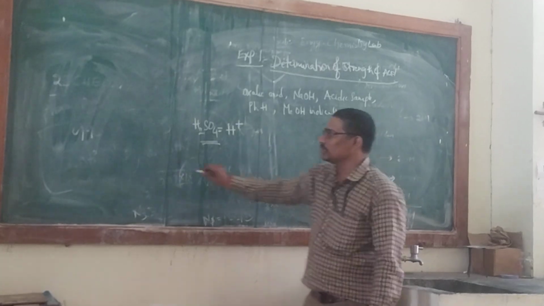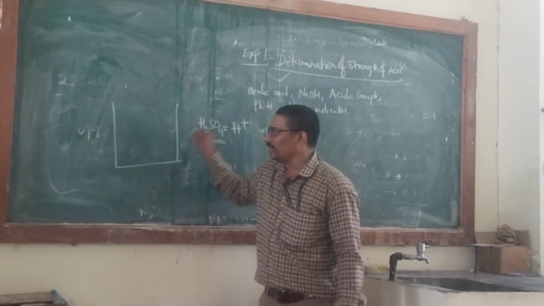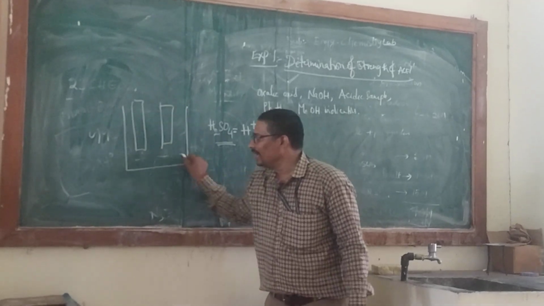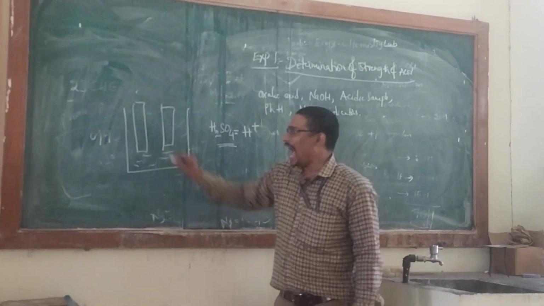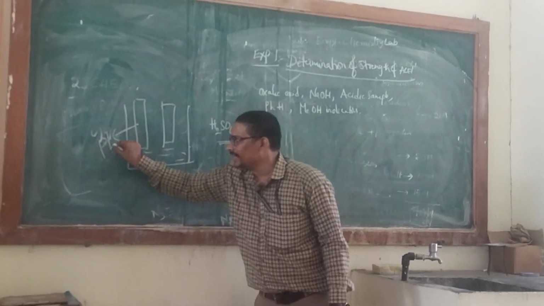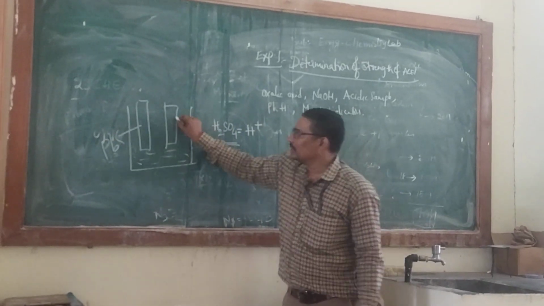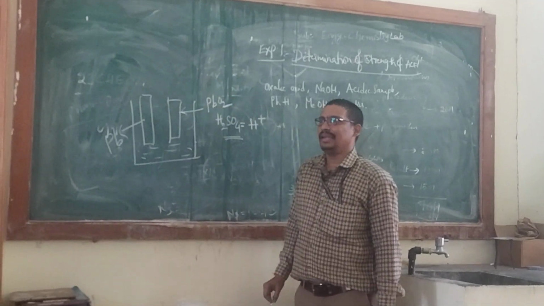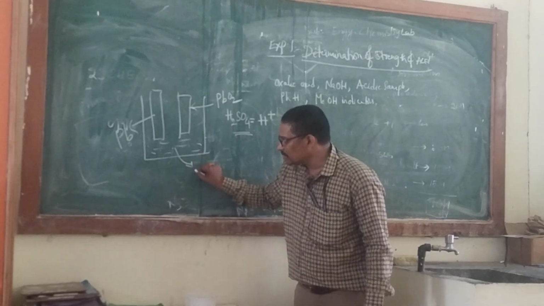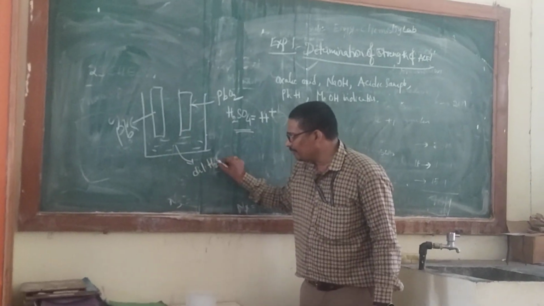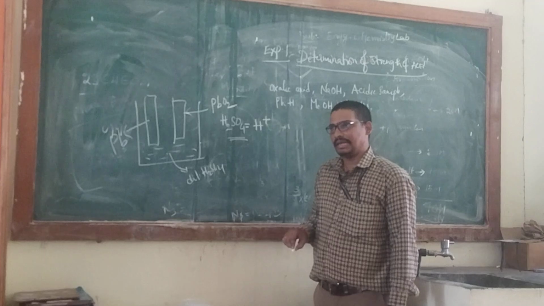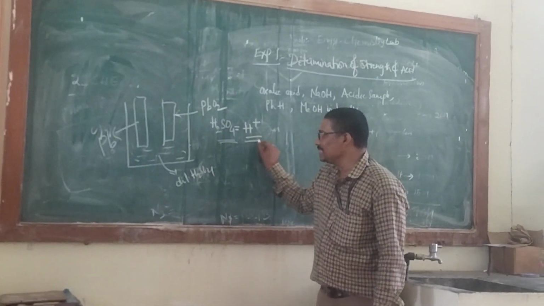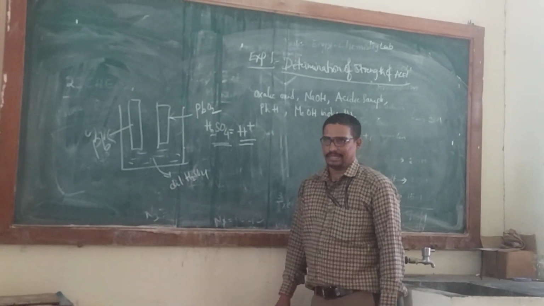In lead acid battery we have the anodic part, the cathodic part and the electrolytic solution. Anodic part is lead, cathodic part is lead dioxide, and the electrolytic solution is dilute sulfuric acid. This dilute sulfuric acid will produce H plus ions into the solution.